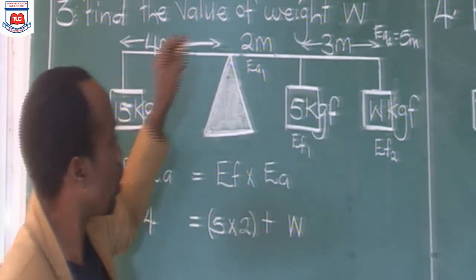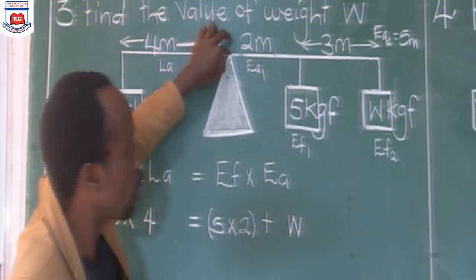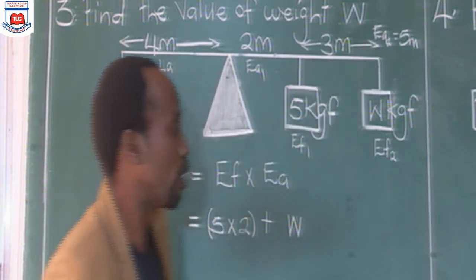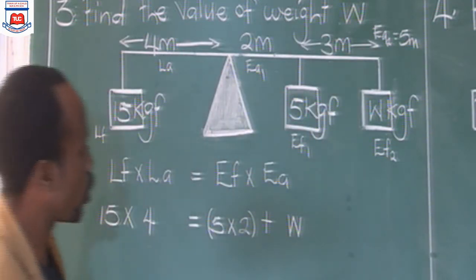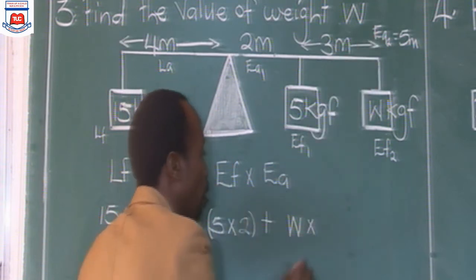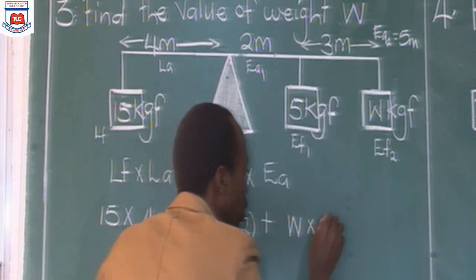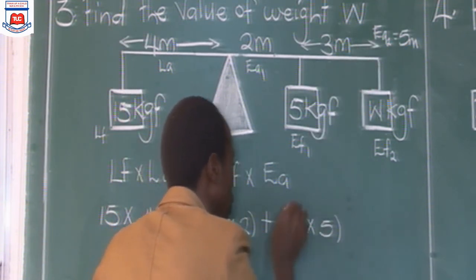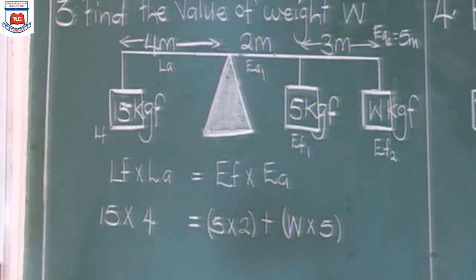Don't make that mistake. It is from the pivot to the weight. Are we together? So we shall multiply this by the distance from the pivot of that weight, which is 5, into brackets. There are different operations, okay?